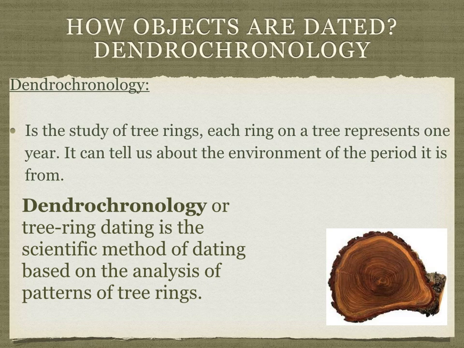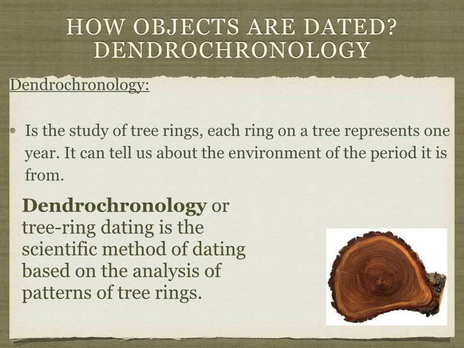So our next method of dating an artifact is this thing called dendrochronology. It is the study of tree rings. And each ring on a tree, as you may know, represents 1 year. And this can tell us about the environment of the period it is from.